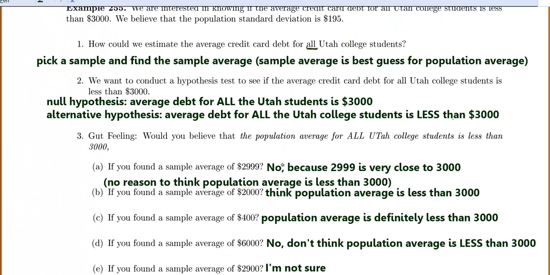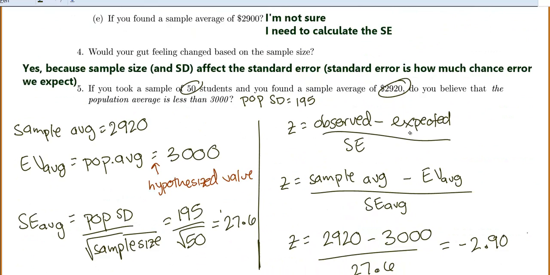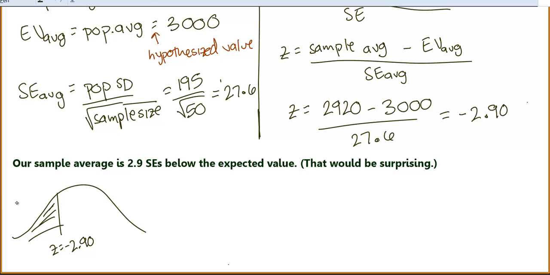Because my alternative hypothesis is that the average is less than 3,000. So smaller values give me more evidence against the null hypothesis. But in any case, this was 0.19%. So my p-value is 0.19%.